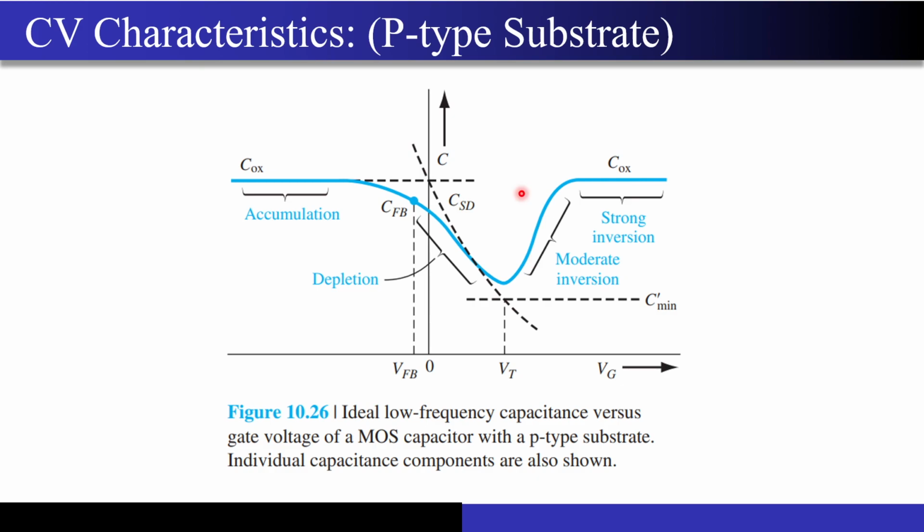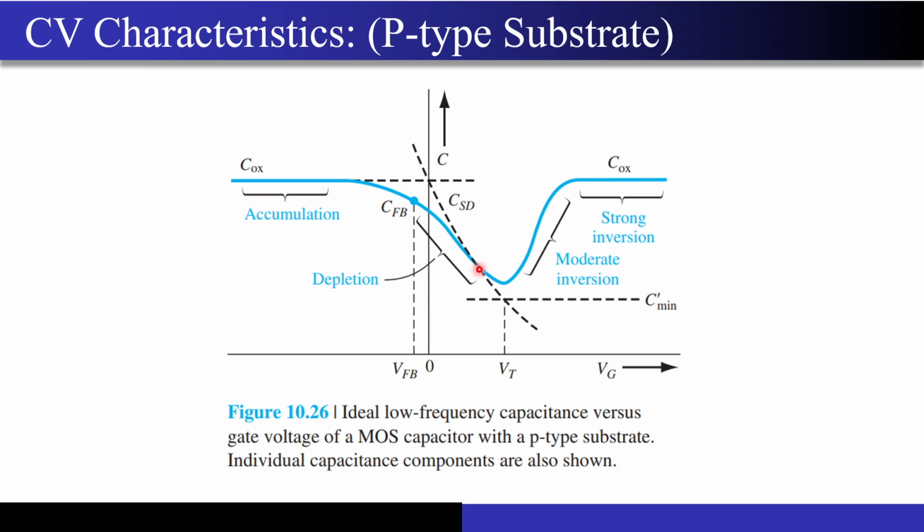And over here, two capacitances are coming in series, and when you put two capacitances in series, the capacitance will be lower than the lowest value of the capacitance. Just like when you put 2 ohm and 2 ohm resistances in parallel, their parallel combination yields a 1 ohm resistor. So the parallel combination of resistors is smaller than the smallest value.